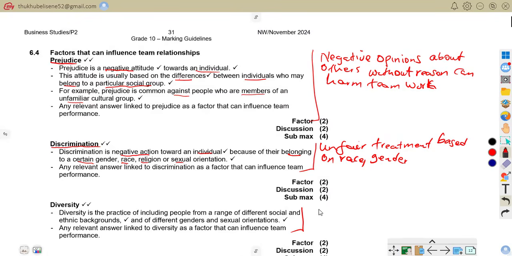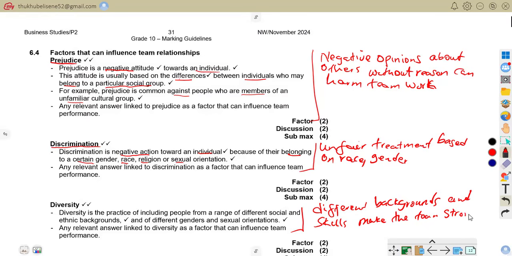Now we have diversity. So diversity, we are talking about different backgrounds and skills make the team stronger.